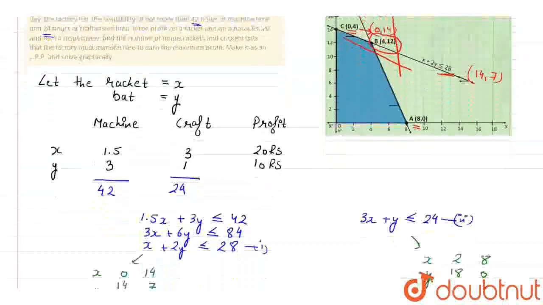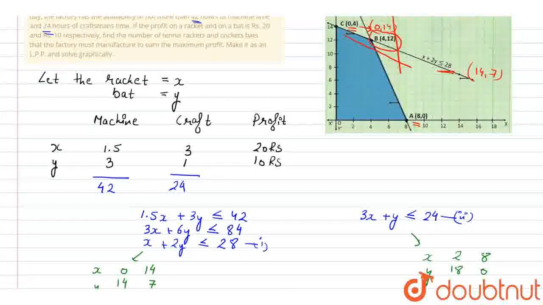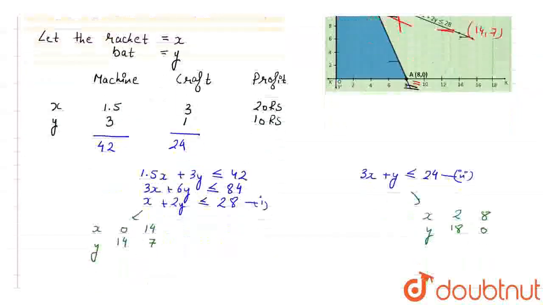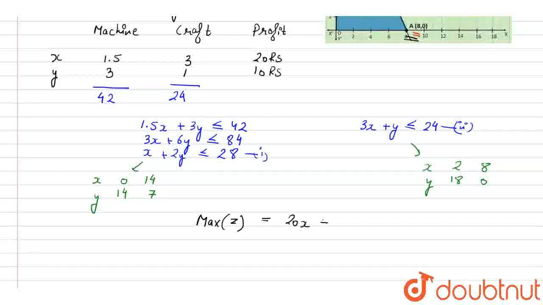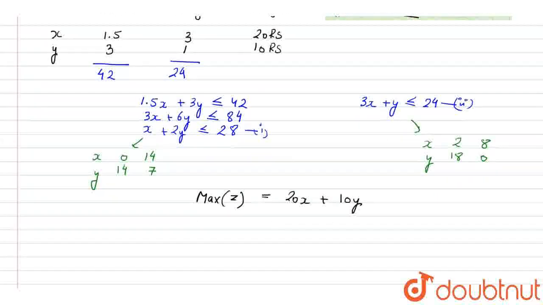So we'll find out the maximum of profit on these 3 points, that is 0 comma 14, 4 comma 12 and 8 comma 0. So to find out the maximum profit, we have the equation of profit as max z is equal to 20x plus 10y, and we have the coordinates as 0, 14.